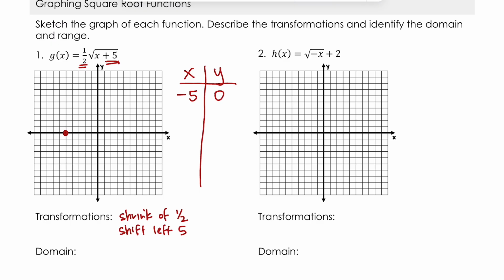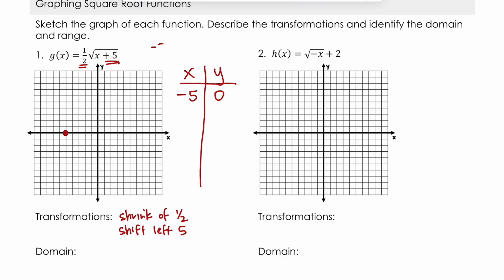Instead of 0, 0, we've shifted left 5, so -5. The reason y is 0 is if I plug in -5 to my equation, I get -5 plus 5, the square root, times a half. So I get half times 0, which is 0. Okay, so that's where that point actually comes from, -5 comma 0.